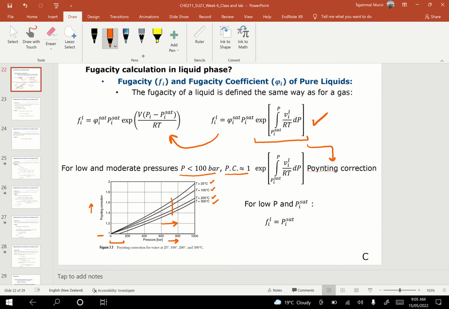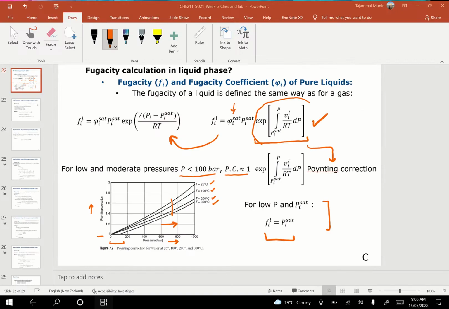At low pressure, fugacity of liquid is exactly equal to saturation pressure, because this term will become 1 and the fugacity coefficient is normally 1 as well. So this is the logic and theory behind this.